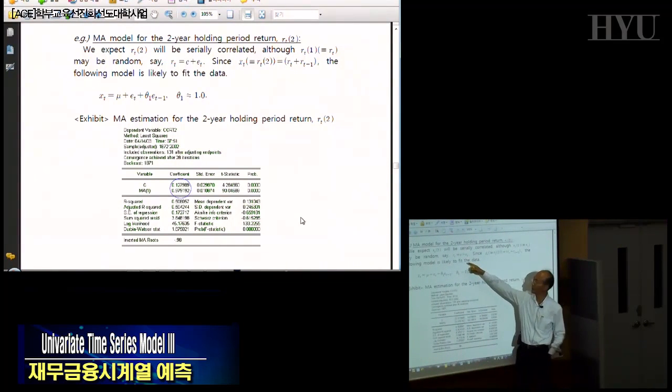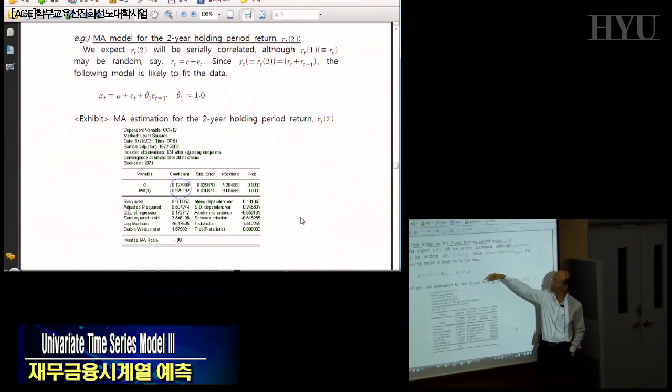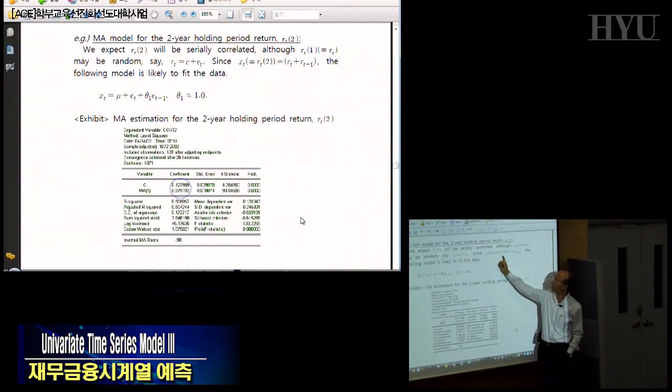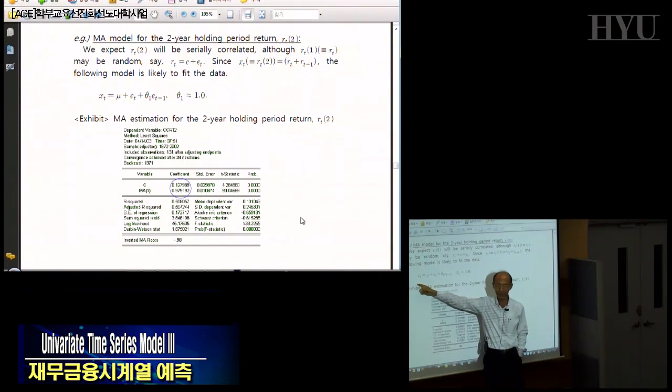We started with the previous 2-year holding period return case. Single period return was simply the sum of a small constant and disturbance term, random error. Now we are creating 2-period return. So this is your data, X. Okay.